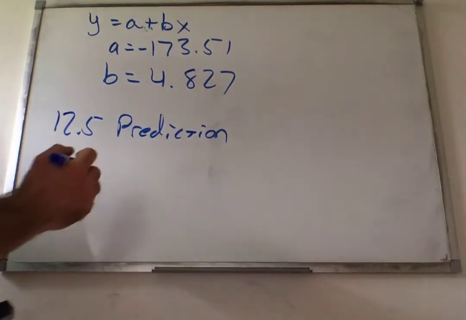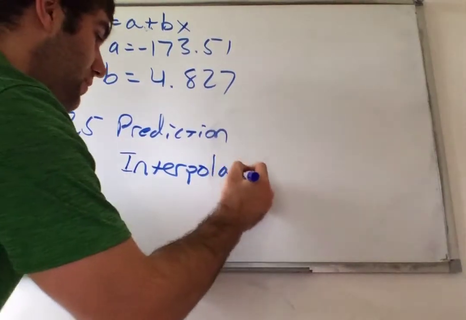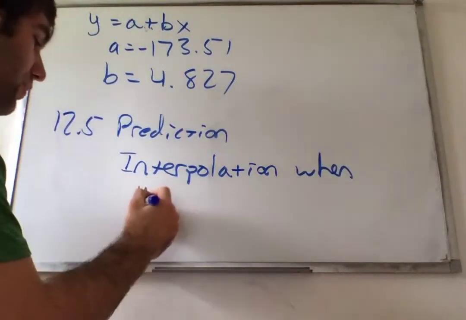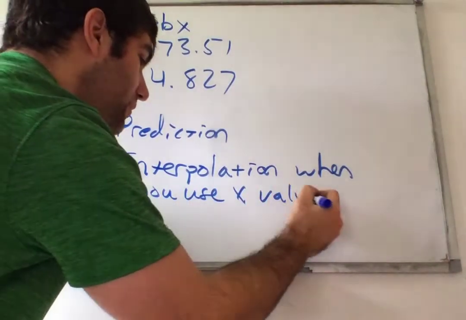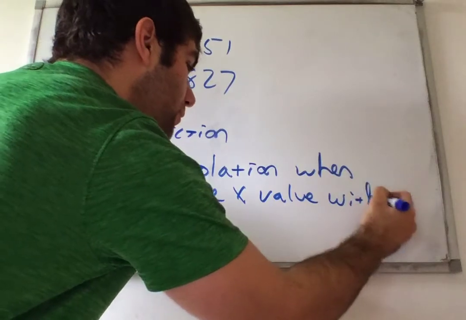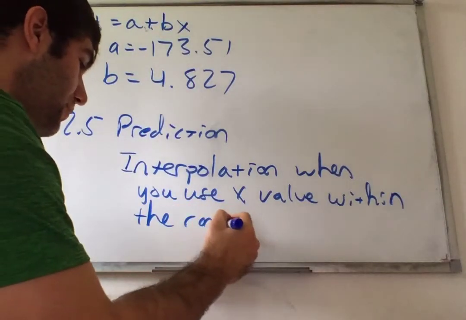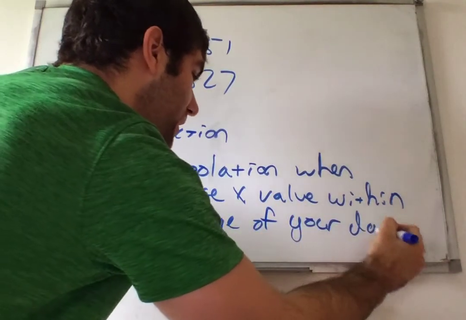Okay? This is called interpolation. When you use x values within the range of your data.